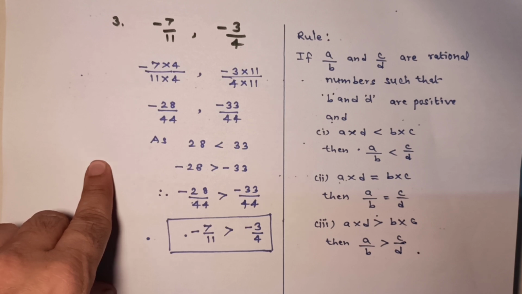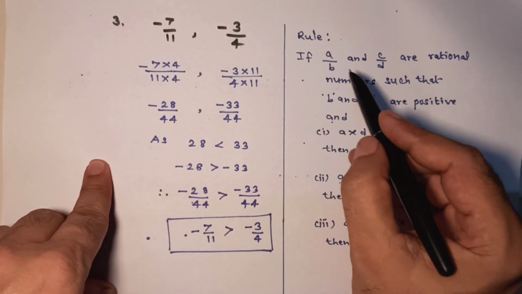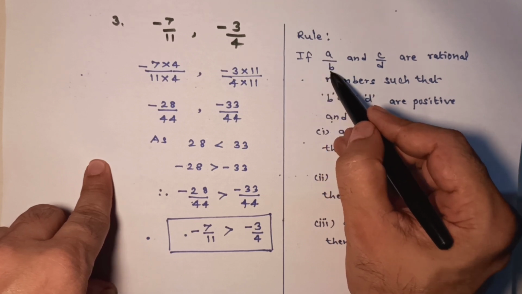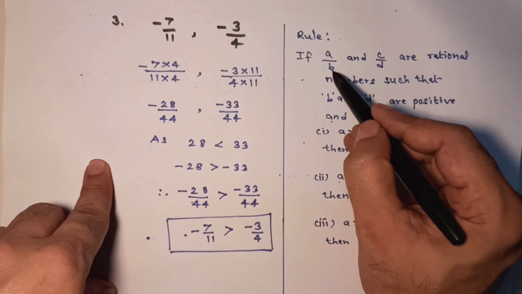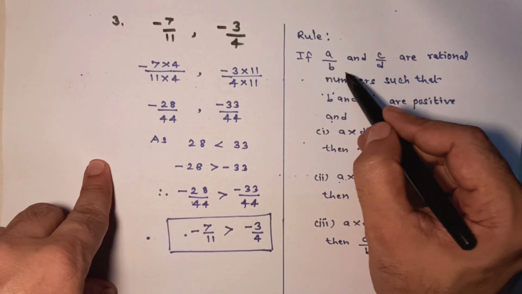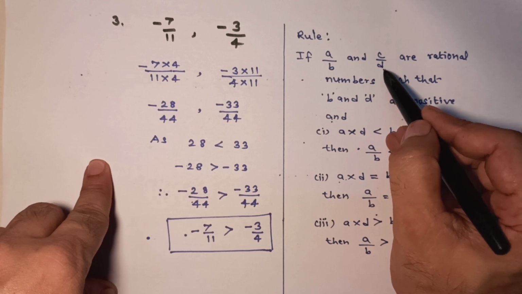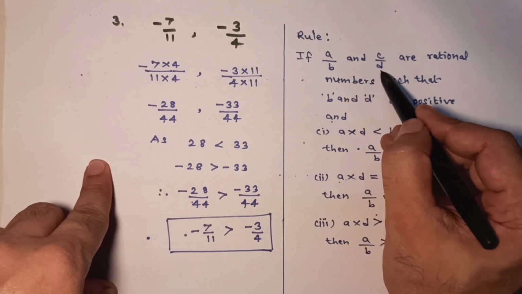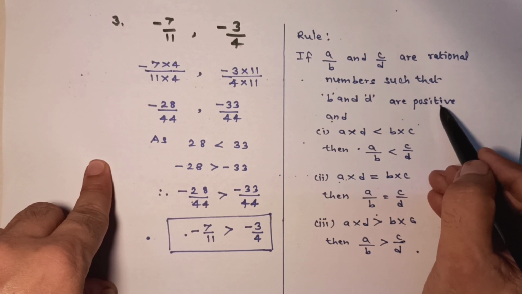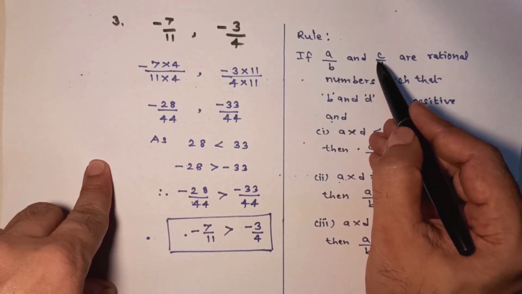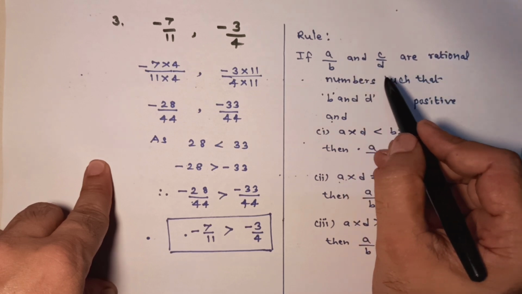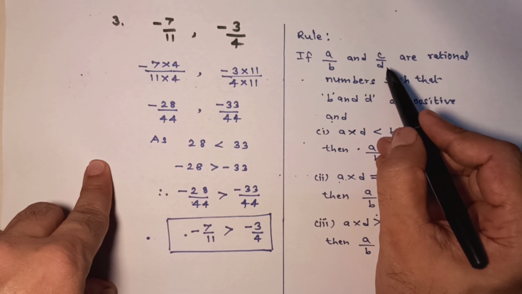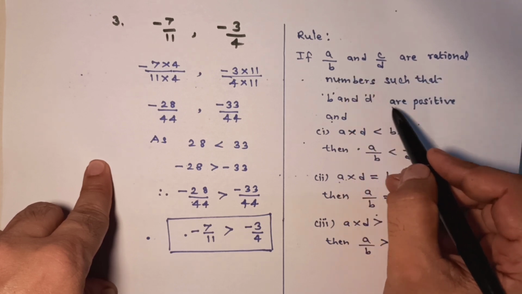Now proceeding further, I'll just state one rule. The rule says, if A upon B and C upon D are rational numbers in which denominators B and D are positive, always positive, A and C may not be positive, one positive, one negative. We don't consider A and C, but B and D must be positive.